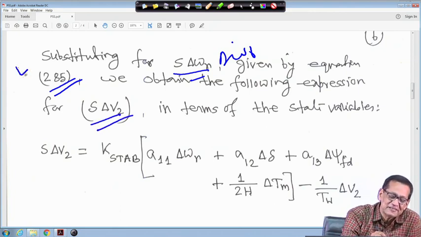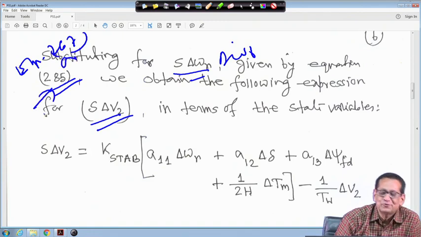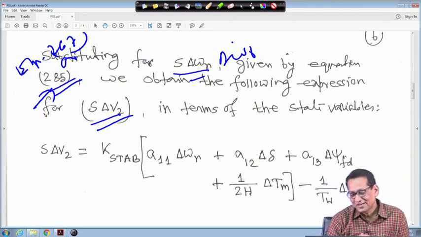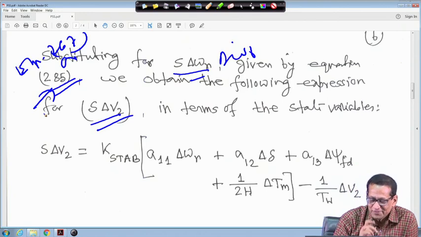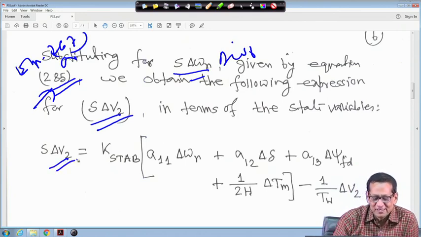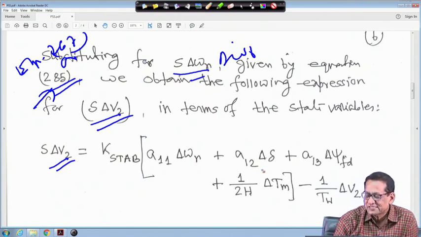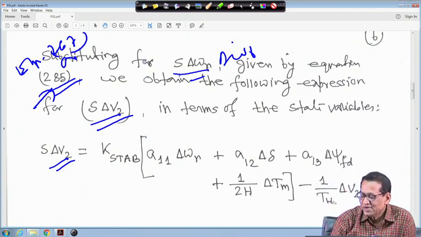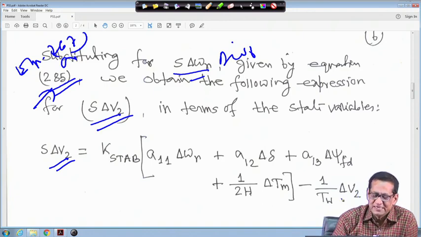You check equation 267, or here it is written 285, and just put the delta omega dot equation, and that is all, right. So, then this equation S delta V2 is equal to K stabilizer times A11 delta omega plus A12 delta delta plus A13 delta psi fd plus 1 upon 2H delta Tm minus 1 upon TW delta V2, right.